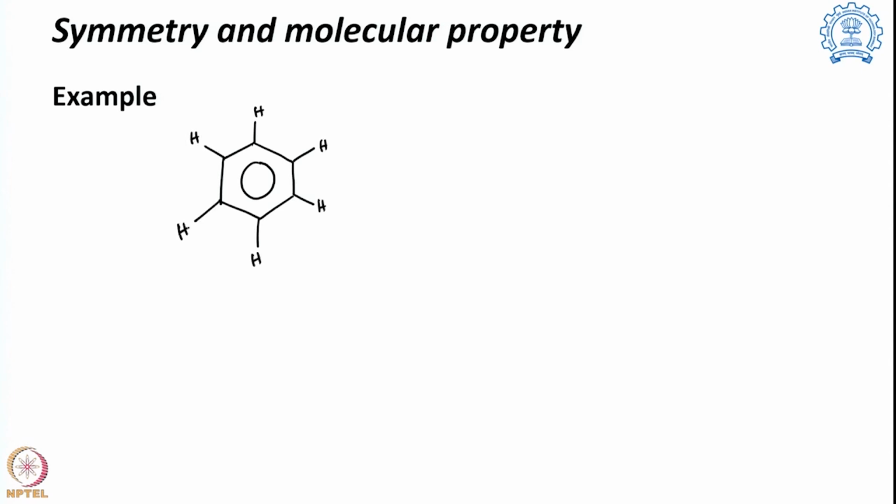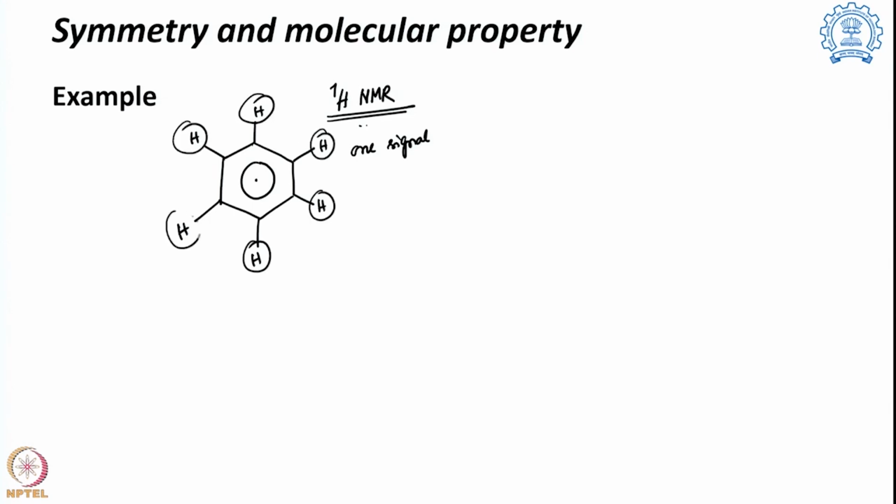Now if I try to follow the symmetry of this molecule by doing a 1H NMR spectroscopy, how many signals are we going to get? In 1H NMR we are going to get only one signal. Why one signal? Because of the particular symmetry of this molecule, all the hydrogens are mutually very symmetric to each other.